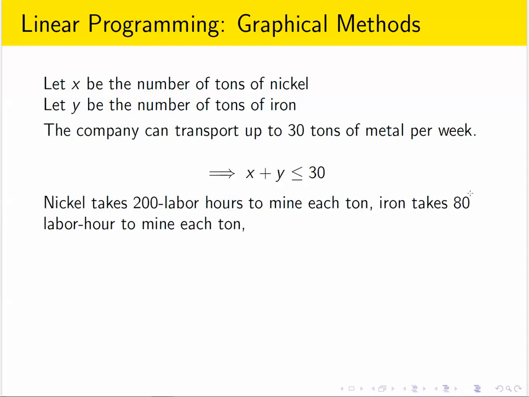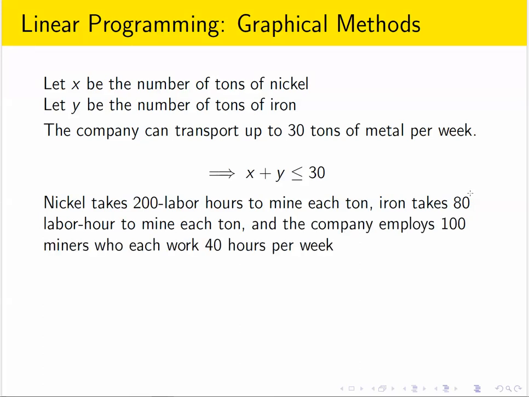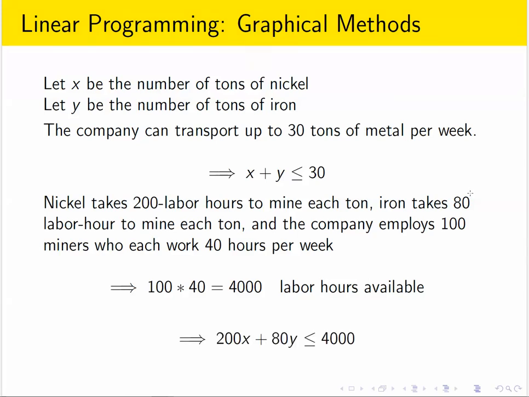Nickel takes 200 labor hours to mine each ton, and iron takes 80 labor hours to mine each ton. And the company has 100 miners who each work 40 hours per week. Well, 100 miners each working 40 hours per week is 4,000 labor hours available in a given week. And so the total labor hours spent mining cannot exceed 4,000.